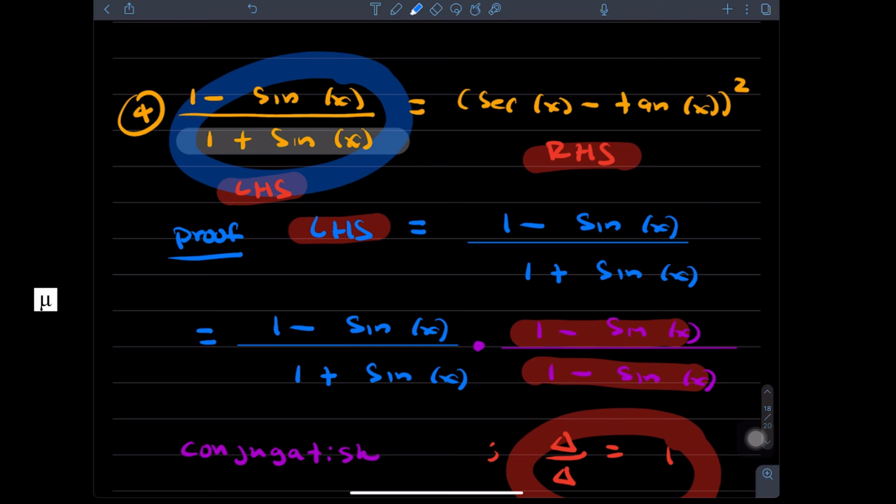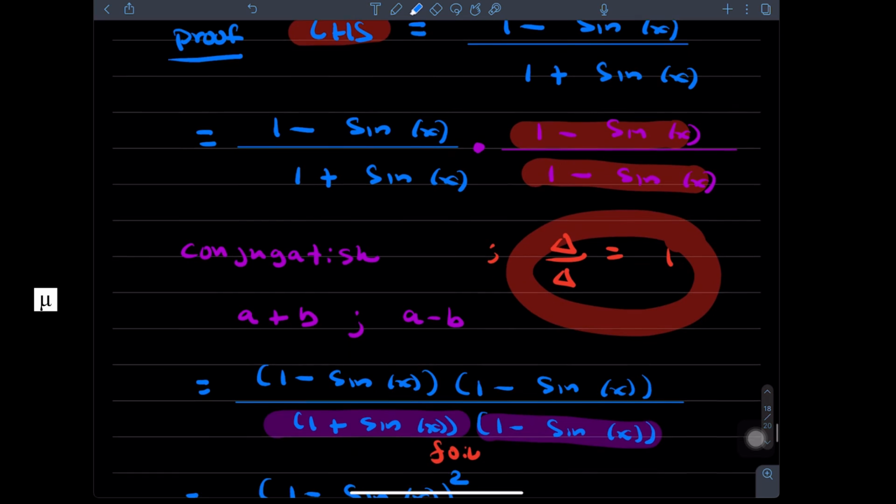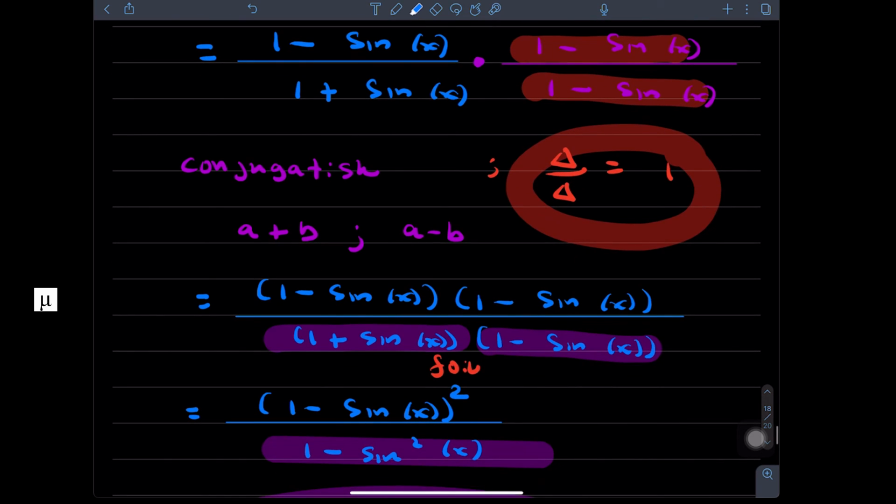So the process of rationalizing the denominator from intermediate algebra comes in. You have to know about conjugates, and that's why I call this conjugate-ish, because it is not at all a conjugate by formal definition. It's like conjugate-like or similar to conjugates. And that's actually the key.